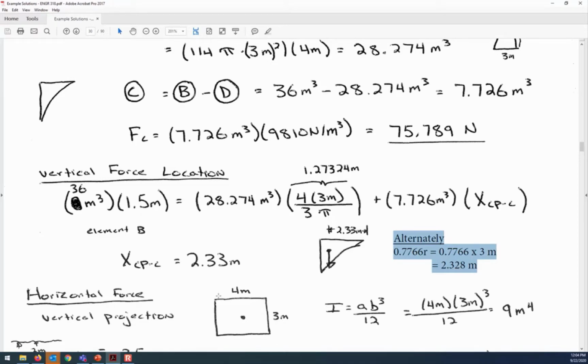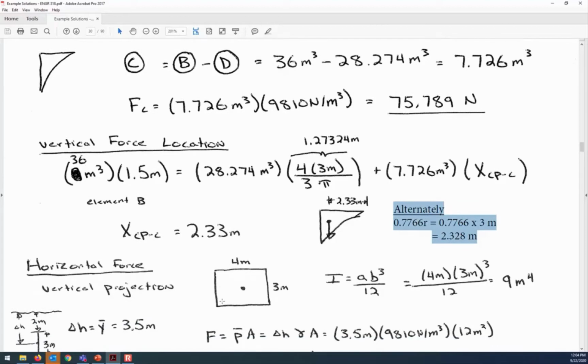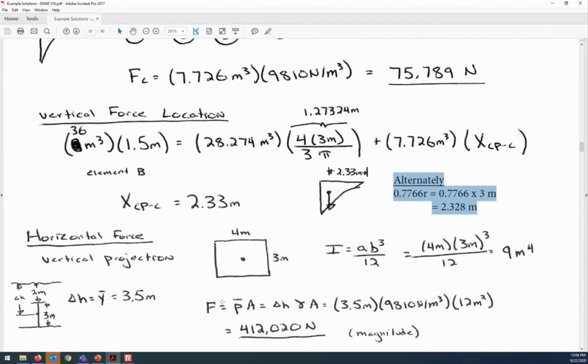So 4 times 3 cubed divided by 12. Now, what about the magnitude of the force? The magnitude is going to be equal to the depth to the centroid multiplied by gamma times the area.